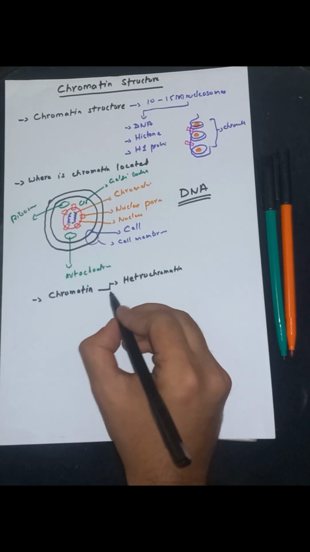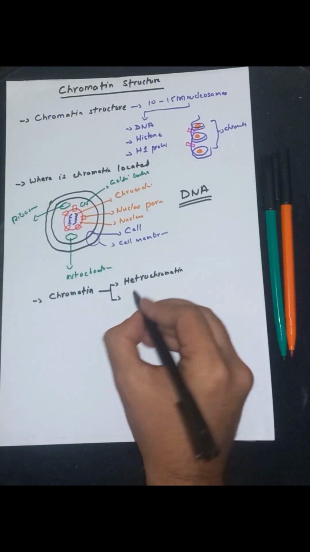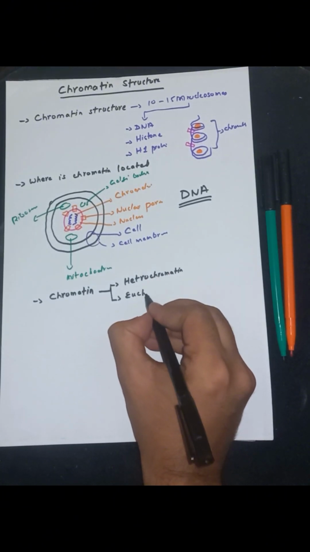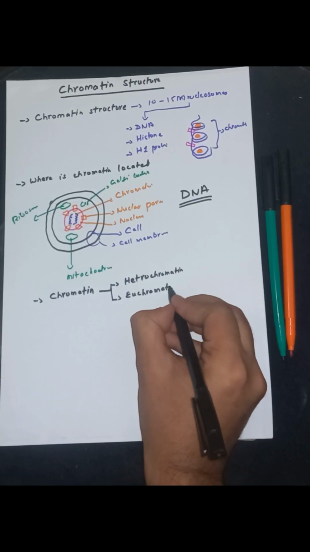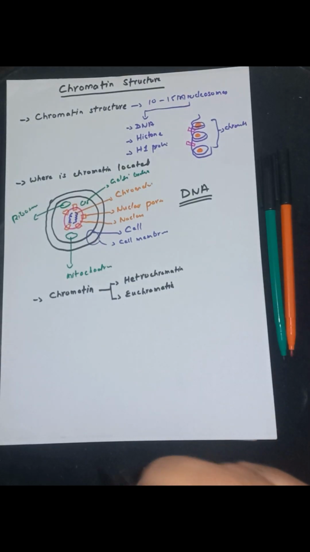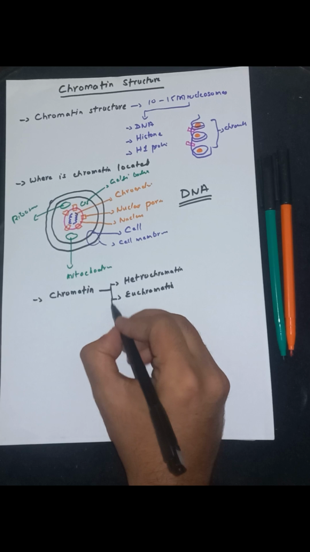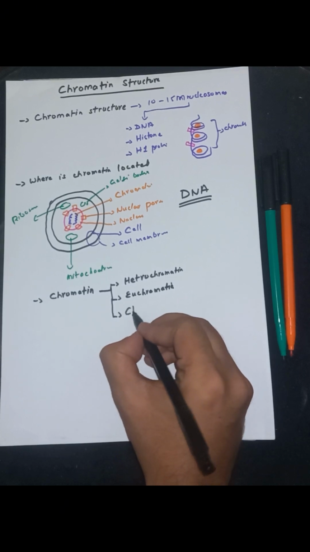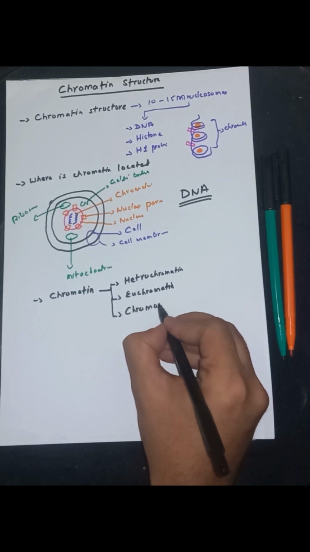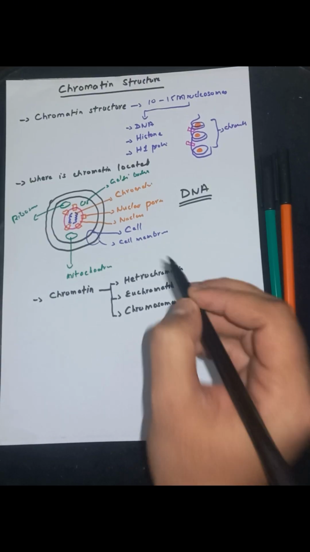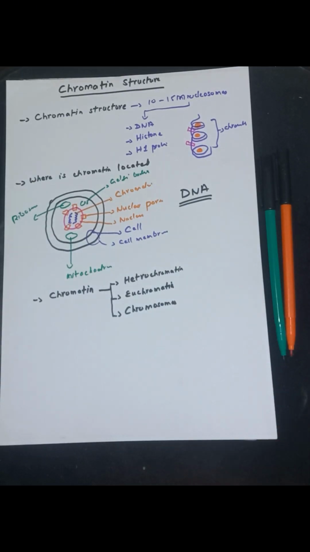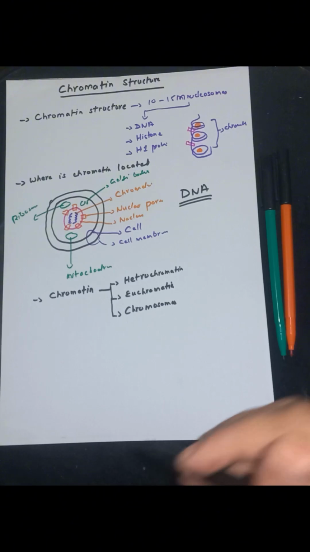One is heterochromatin, the other is euchromatin, and there is a third part which was not mentioned in the book, and that is the chromosome. Everyone is familiar with what a chromosome is. So now let's go into detail.